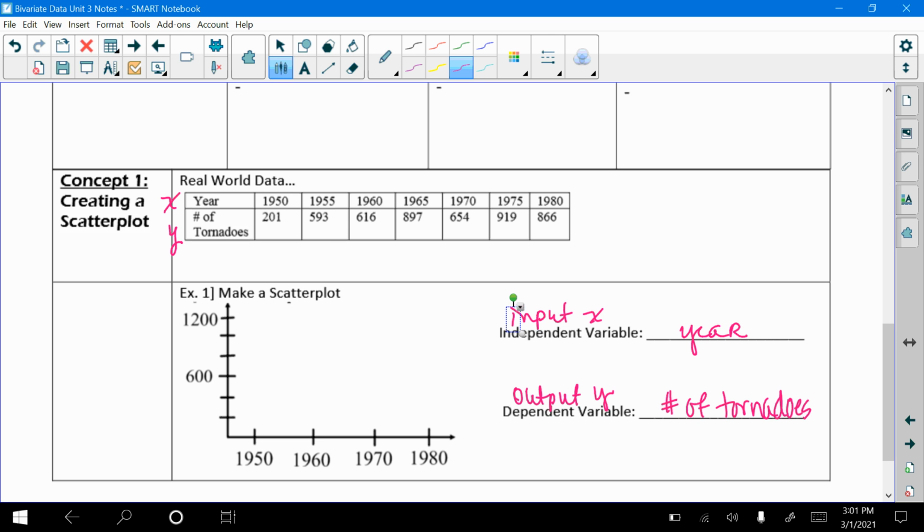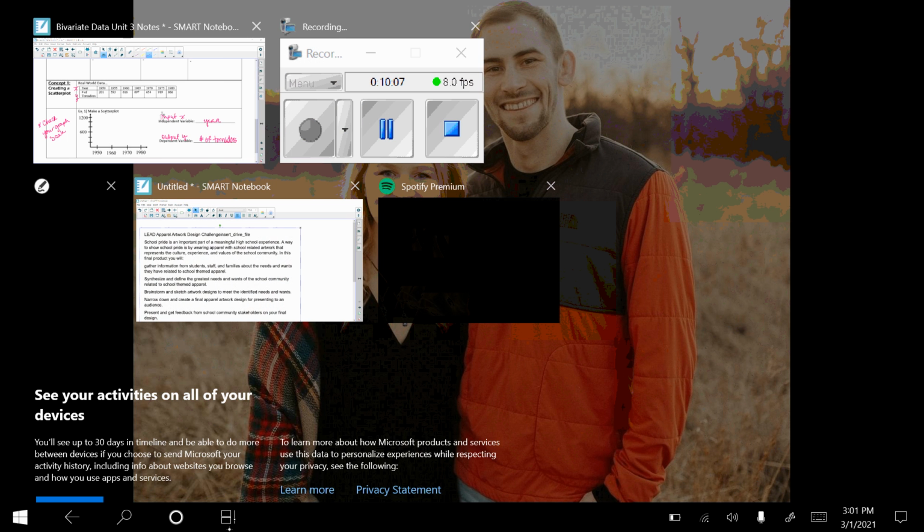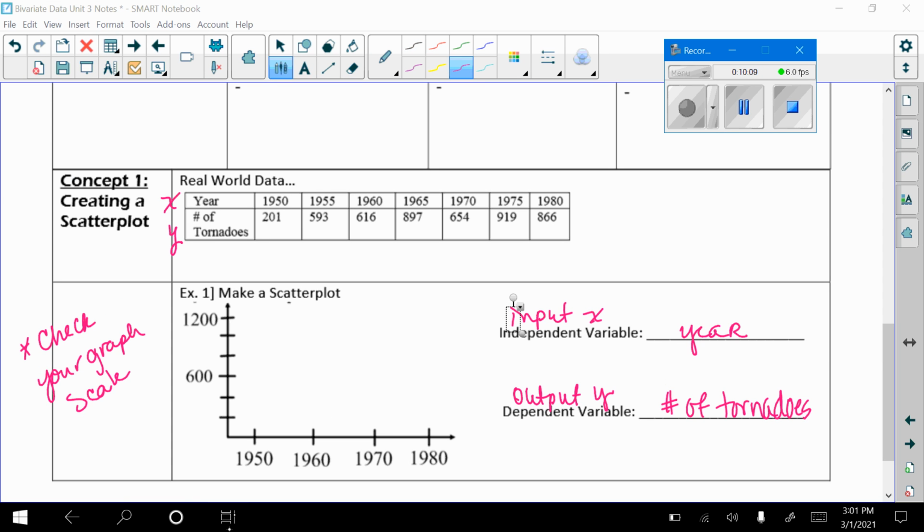One thing I do want to make sure that we start looking at, always, always, always, check your graph scale. As I'm looking at the scale on this one, this is of course by 10-year increments, but the y-axis here is actually talking about the number of tornadoes.